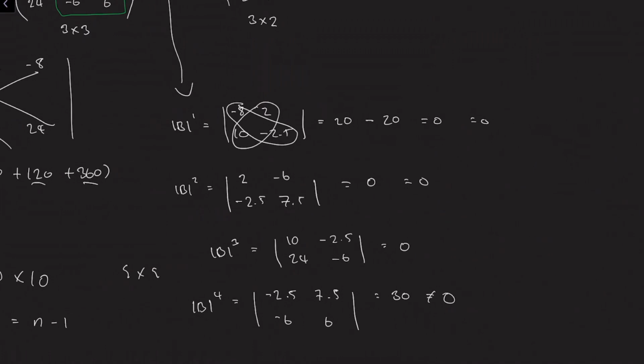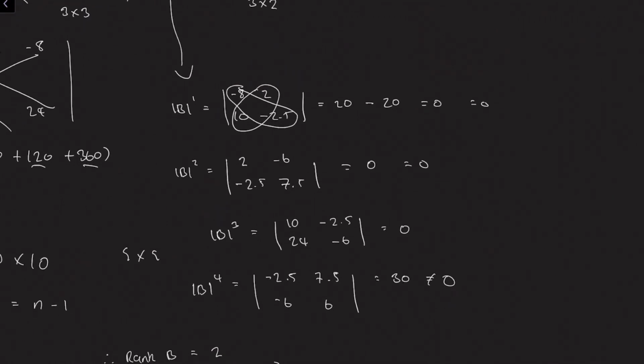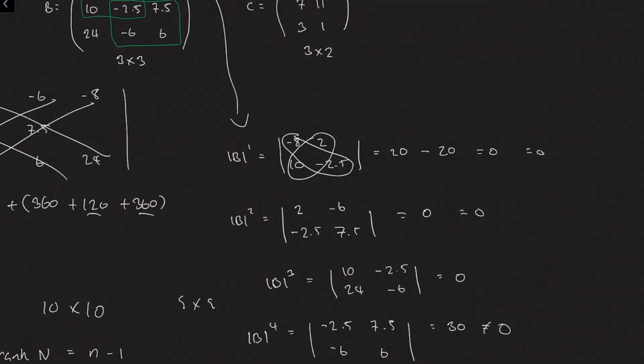And when we did that, for the first one we got 0, second one we got 0, third one we got 0, and then finally for the bottom right it was not equal to 0, so therefore we have evidence to suggest that the rank of B is equal to 2. Hopefully that made sense, and we'll move on to rank of C, or finding the rank of C.